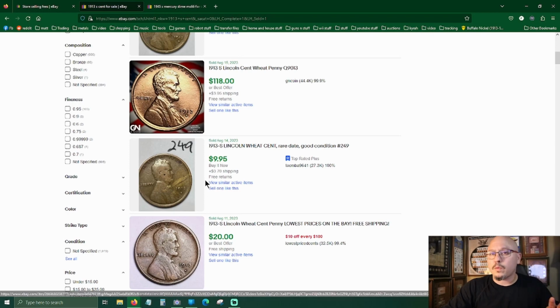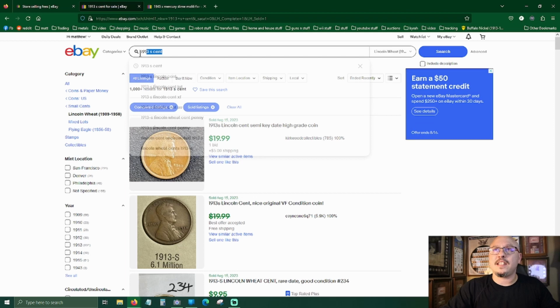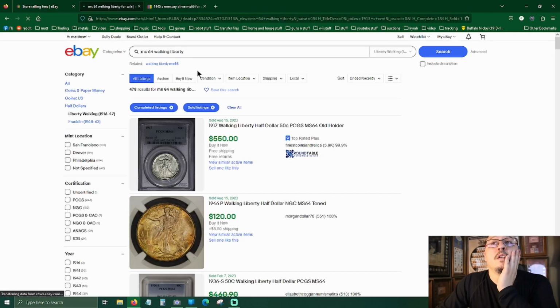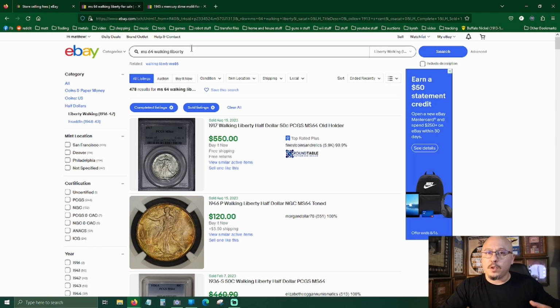Now, these are raw coins, and that can always be a bit subjective. The easy thing to do, we're going to keep it easy for the search. So I just typed in MS64 Walking Liberty. We're not worried about PCGS, NGC, ANACS, any of that at the moment. What we're worried about is looking at how specific the price points are.